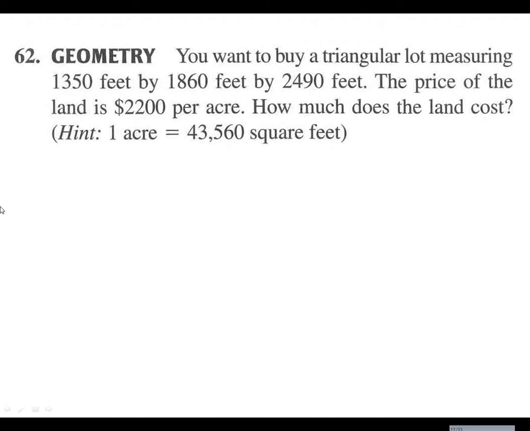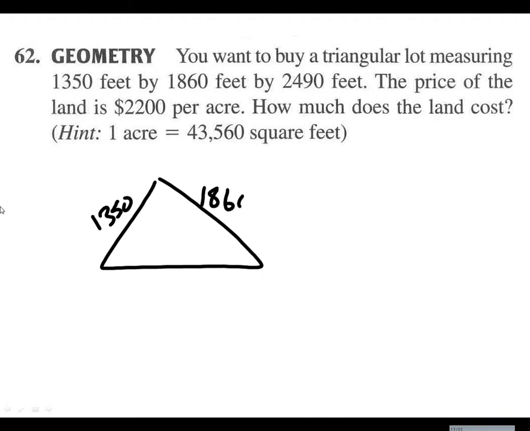Alright, last problem to go over on the even, 62. You want to buy a triangular lot, and it measures 1350 by 1860 by 2490. The price of the land is $2,200 an acre. How much does the land cost?